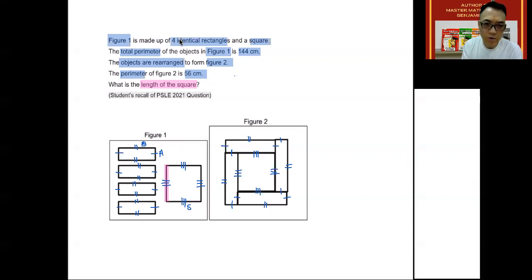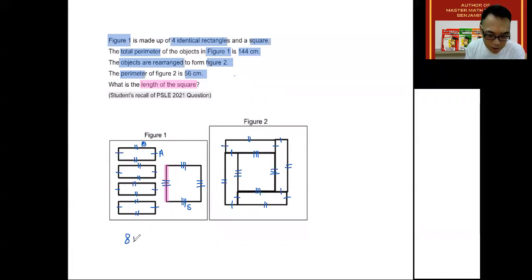So we can see very quickly that it is made up of 1, 2, 3, 4, 5, 6, 7, 8. 8 A's. And how many B's is it made up of? We can see it is made up of 1, 2, 3, 4, 5, 6, 7, 8. So 8 B's. Okay, let's write that down.